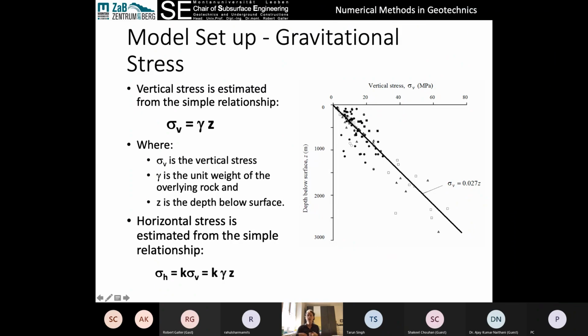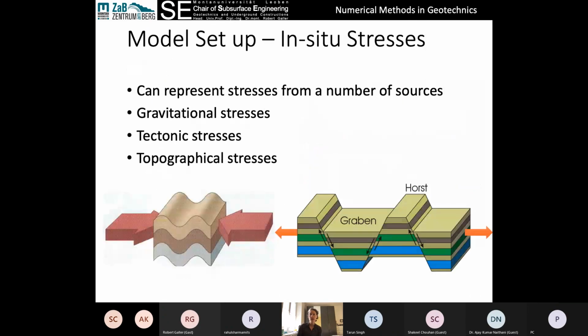So that's really great. That's a nice way of inputting our stress condition for shallow problems where the excavation is close enough to the surface that you can include the surface in your model without too many additional elements. Now, of course, if you're looking at a 2,000 meter deep tunnel, you probably don't want to model 2,000 meters worth of stresses. So you have to think about a different way of inputting those stresses.